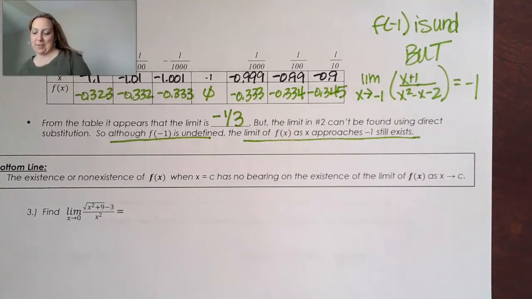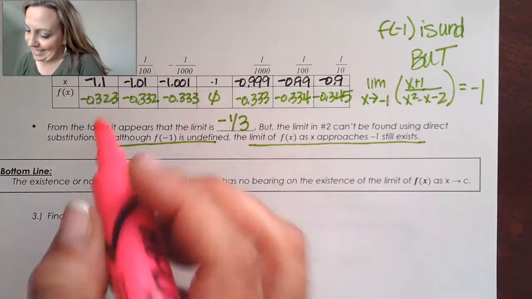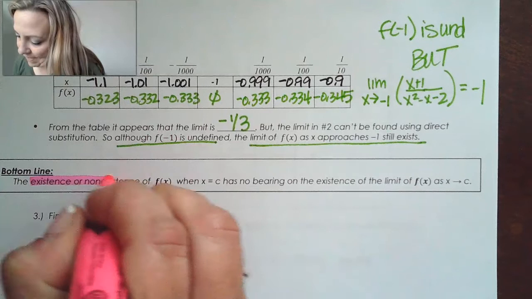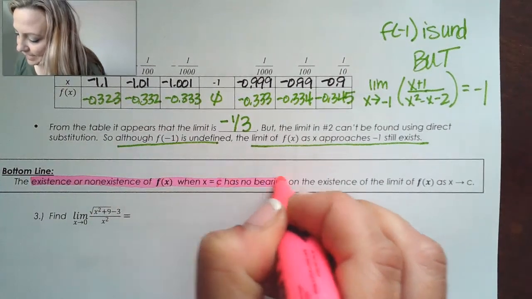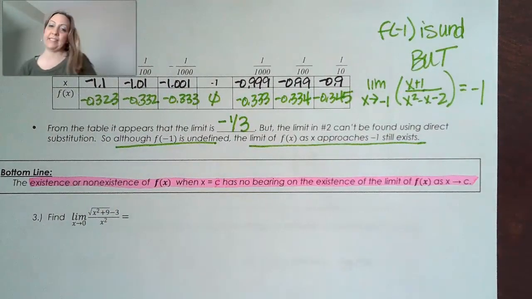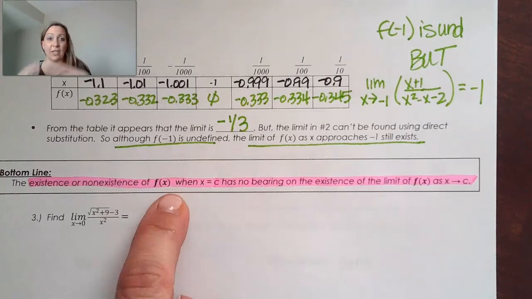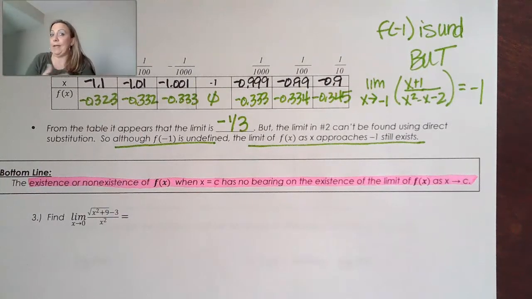Sorry, my highlighter dropped. The bottom line is that the existence or non-existence of f of c has no bearing on the existence of the limit of f of x as x approaches c. That means if f of c is undefined, there could be a limit, there might not be a limit, and we'll talk about that a little bit. So if it's undefined, you don't say that the limit doesn't exist.